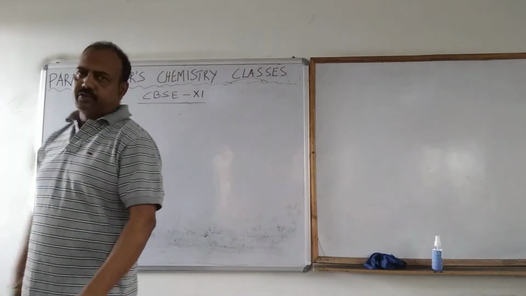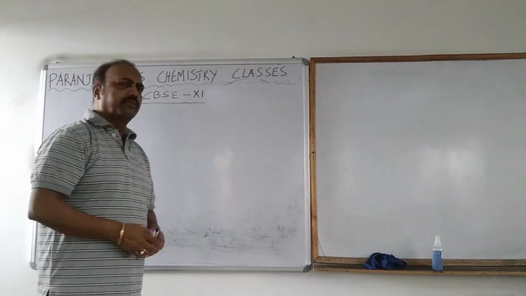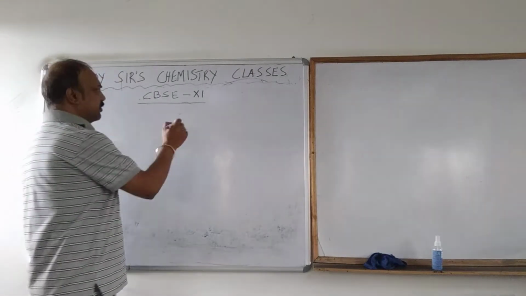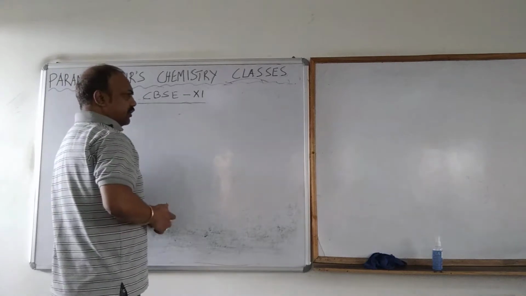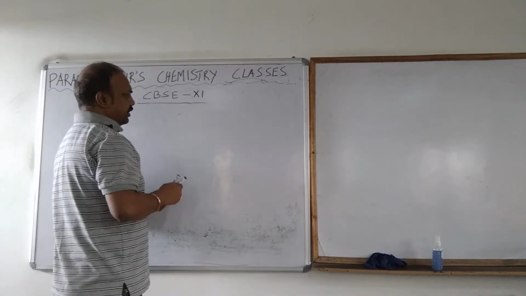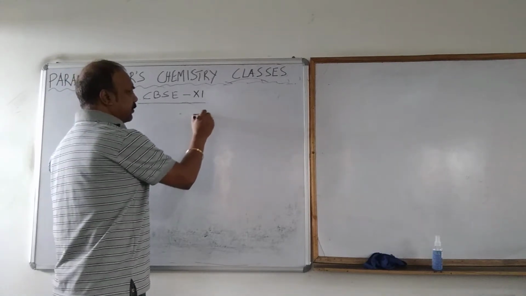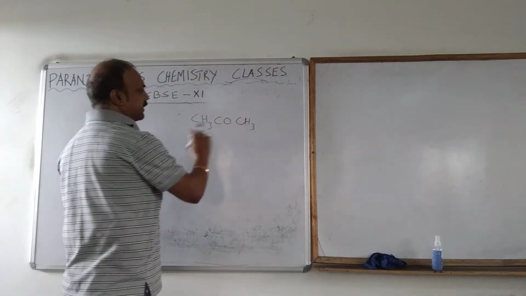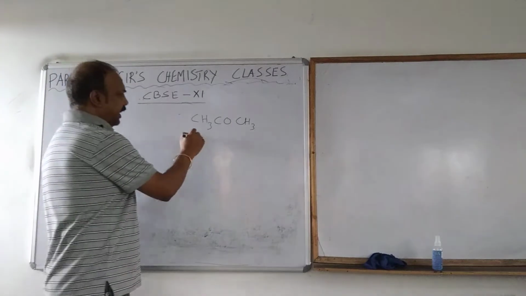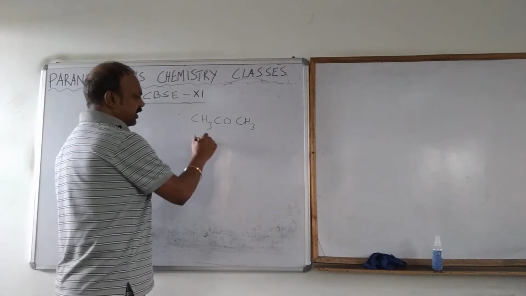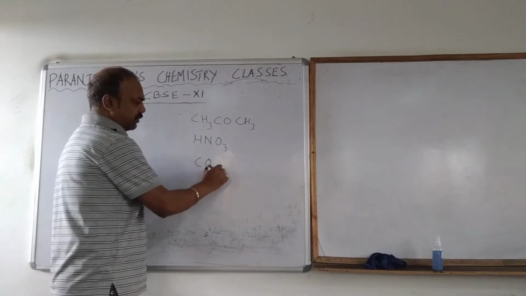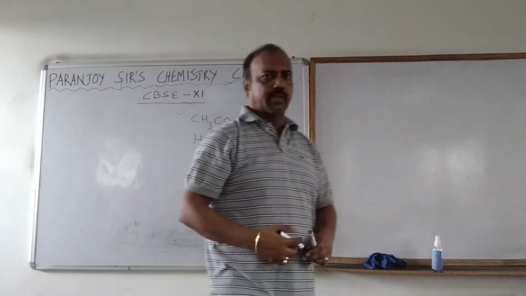So first of all, let's try to draw the Lewis-Dot structure of CH3COCH3, then HNO3, just three for the moment, and carbon dioxide.